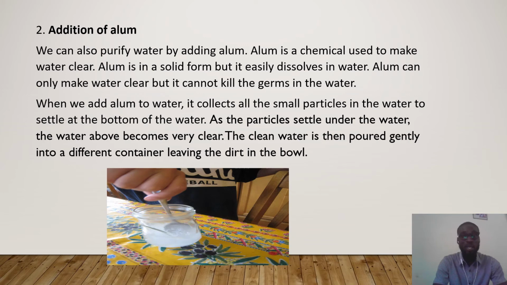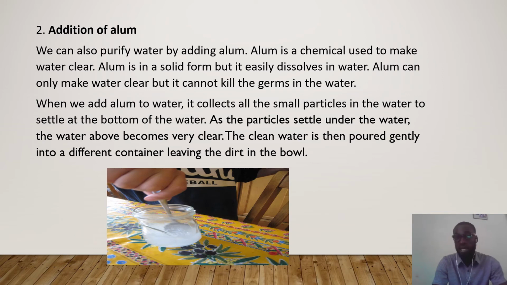Alum can only make water clear, but it cannot kill the germs in the water. It can be used to enhance the cleanliness of water, but it doesn't kill any other germs that can be found in the water.